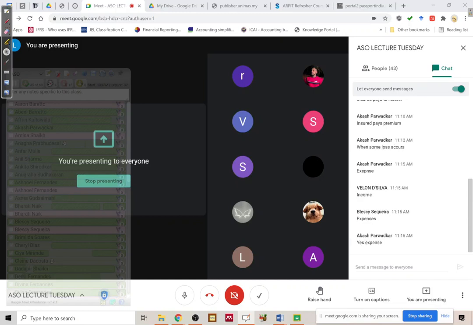So claims will be something that the insurance company pays to your clients. Whenever the clients claim or whenever the clients say they have suffered a loss, the insurance company has to pay the clients. So understand these two.